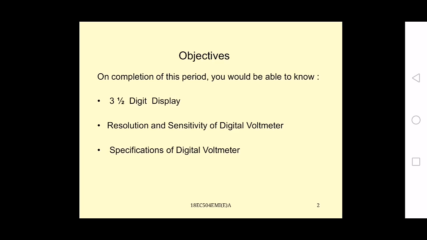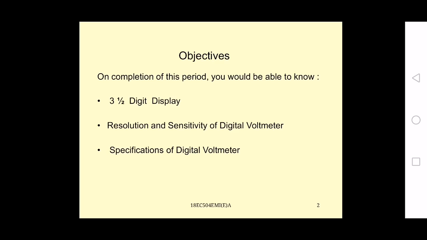For checking whether an integrated circuit is working or not we use the digital IC tester, and for checking microprocessor and microcontroller signals we use logic analyzers. For measuring voltage, current and resistance we use digital multimeters. And for measuring the voltage across different devices, we use the digital voltmeter.